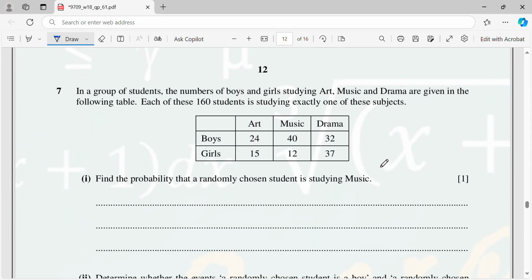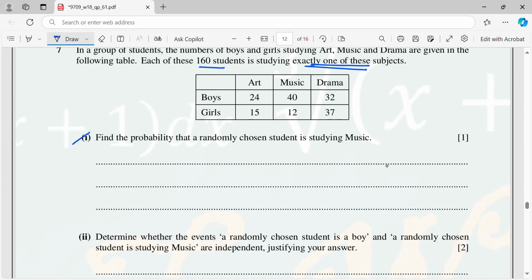Now for question 7: in a group of students, the numbers of boys and girls studying art, music, and drama are given in the following table. Each of these 160 students is studying exactly one of these subjects. First part, find the probability that a randomly chosen student is studying music.